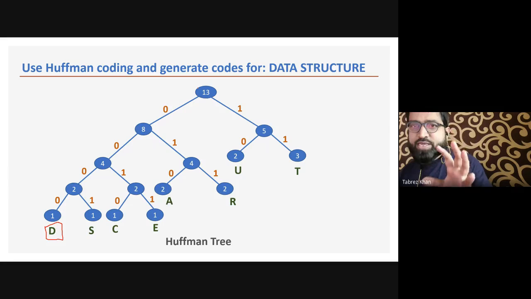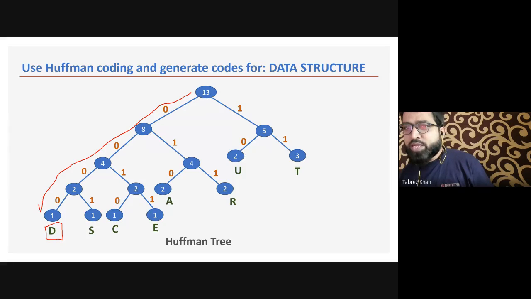For every character's varying length code, I need to start from the root node and follow the path. So I start from the root node and go to D. This is my path. Along this path, whichever bits are coming, 0, 0, 0, 0, that is the varying length code of D.